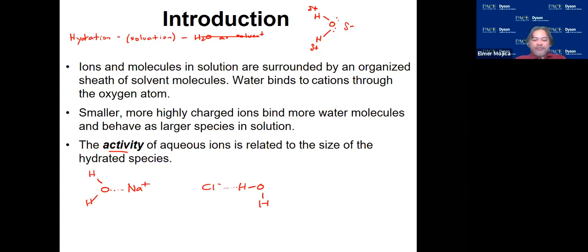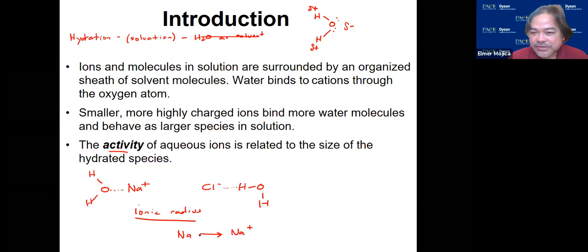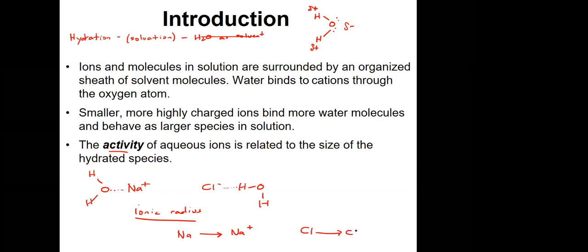Okay, now what happened to this thing? So you know the concept of ionic radius. What do you know about ionic radius? If you have an Na, it becomes Na plus. So what is the size of the Na plus with respect to Na? Is it bigger or smaller? The same thing with chlorine, that becomes chloride.